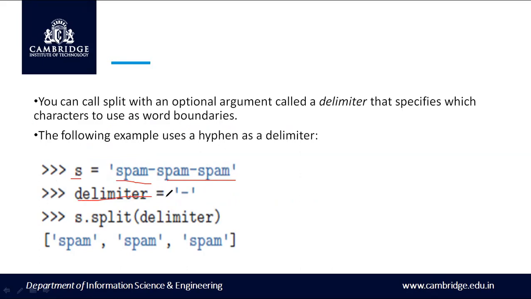When we use the delimiter, the hyphen character, we split this particular sentence, stripping off the delimiter. When we use the split function, it converts this sentence to words. You can see spam being converted into a list using the delimiter.